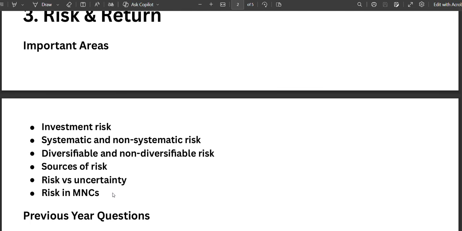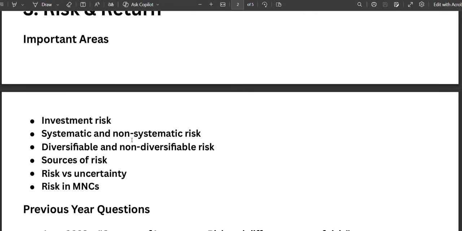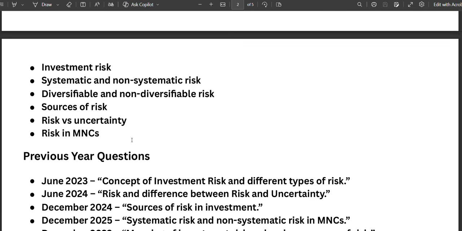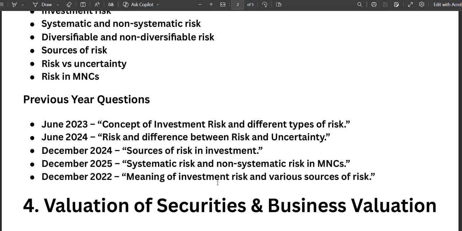We also have to learn what is systematic risk and what is non-systematic risk. Short note questions might be asked from this section. Questions from risk management have appeared continuously in previous years, and as you can see here, multiple questions have been asked from risk management.